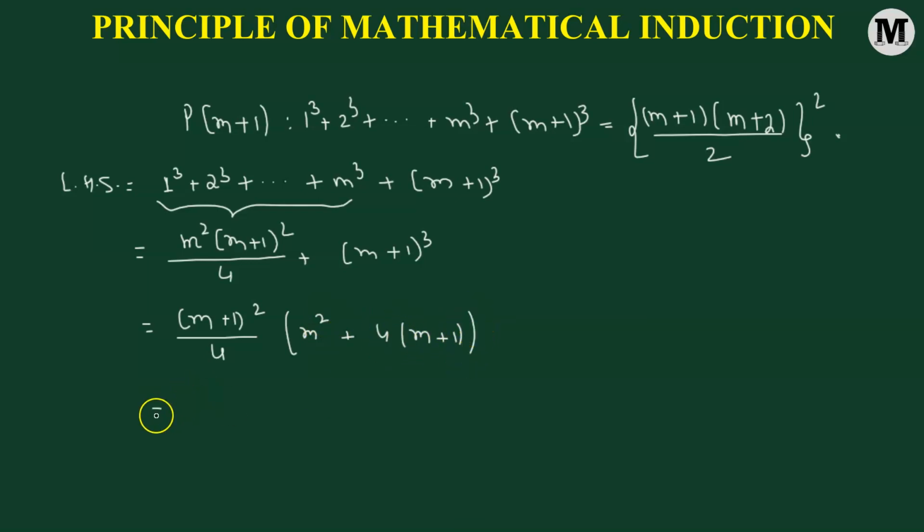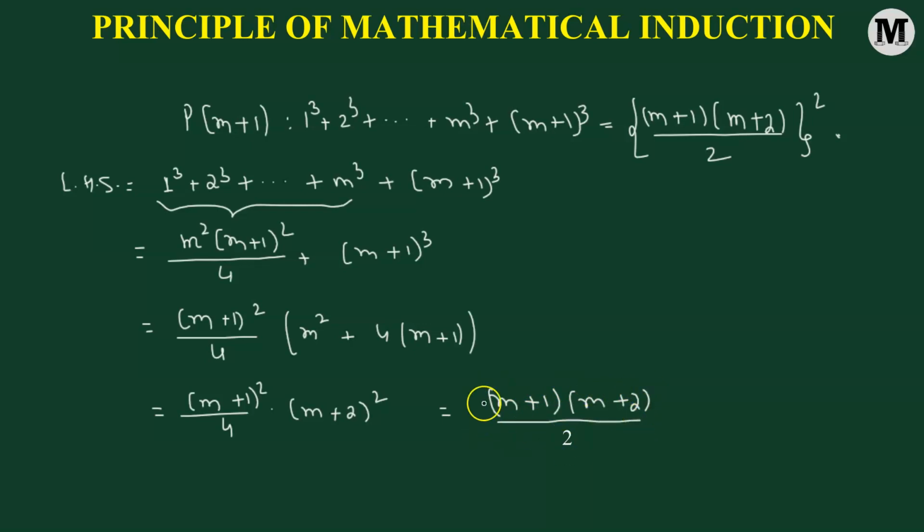So this gives us m plus 1 whole squared over 4 multiplied by m squared plus 4m plus 4, which is actually m plus 2 whole squared, giving us m plus 1 multiplied by m plus 2 divided by 2, and we square this value. This is equal to the right hand side.